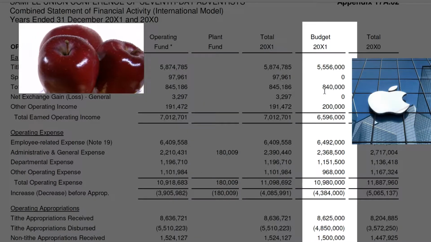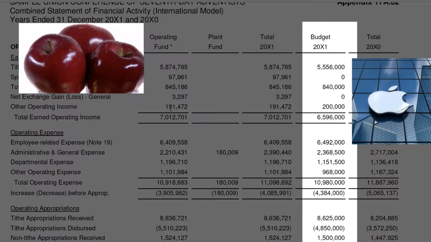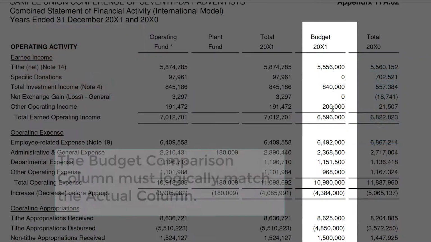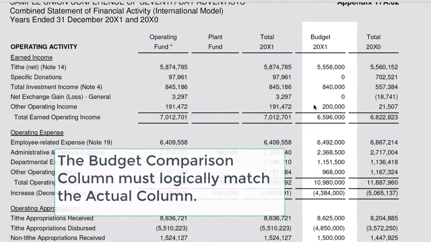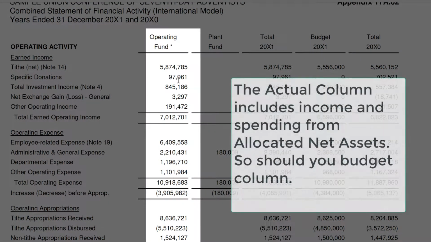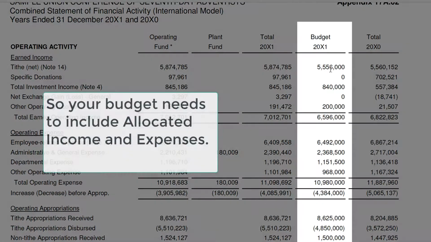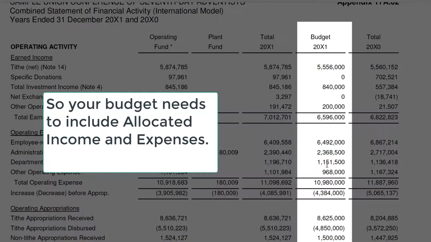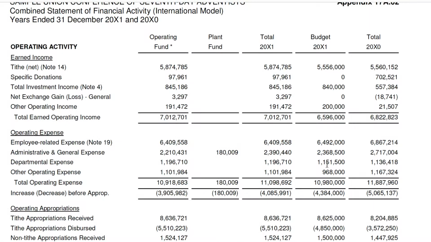If your budget needs to include appropriations out in order to properly work here, your budget needs to include the budget for allocated funds, because when you spend allocated funds, they will show up here as expenses. And so your budget needs to make sure to include it. It's sometimes overlooked when you're coming up with the figures that belong in the budget column.